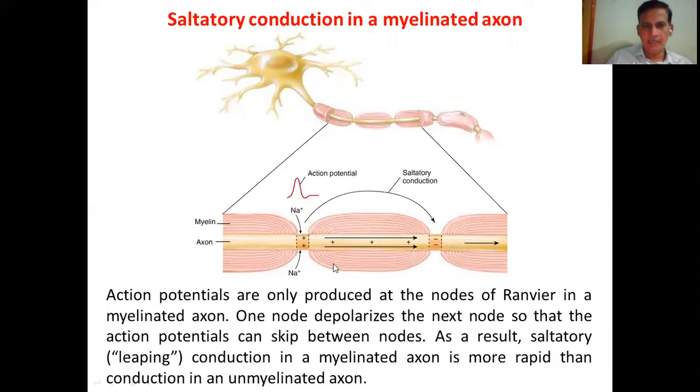So it can directly jump from one node of Ranvier to another node of Ranvier. We call it saltatory conduction, which in simple terms means leaping conduction. That is the reason the movement of impulse is fast in myelinated axons as compared to non-myelinated axons.